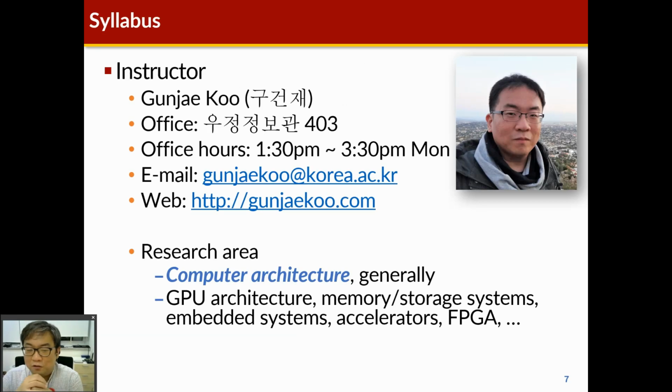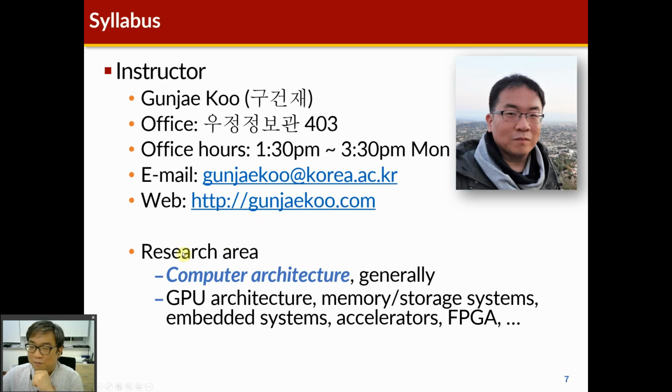Okay, I will introduce myself. My name is Gu Konje in Korean, and my office is in Ujong-Jongbogan 403. I set office hours from 1:30 p.m. to 3:30 p.m. on Monday. This is my email address, so if you have any questions, you can email me. And this is my homepage, konjegu.com.